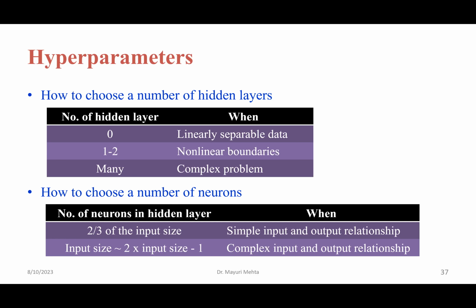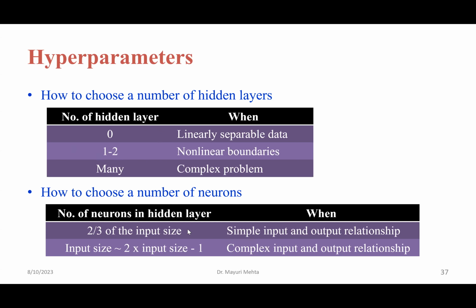So empirically, it is best to use a number between the input and output sizes, and the number changes based on how complex your problem is. There is no standard formula, frankly telling you, right? If a problem is simple and the input and output relationship is clear, then you can use 2/3 of the input size as a good starting point, as I have mentioned in this table.